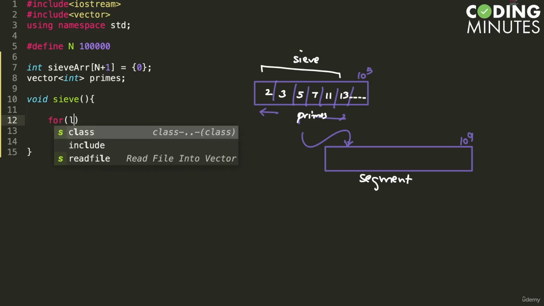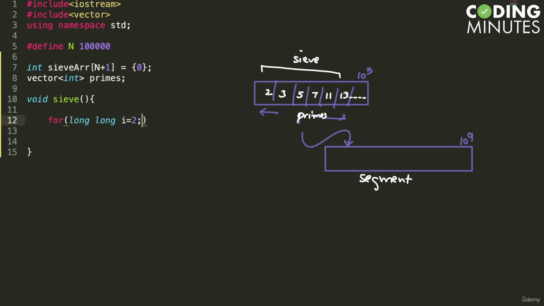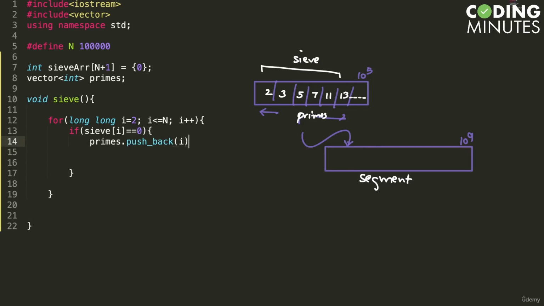For long i equal to 2, i less than or equal to n, i plus plus: if sieve of i is 0, then it is a prime number. So I can say primes dot push_back i, and we are going to mark the multiples of i as non-prime.